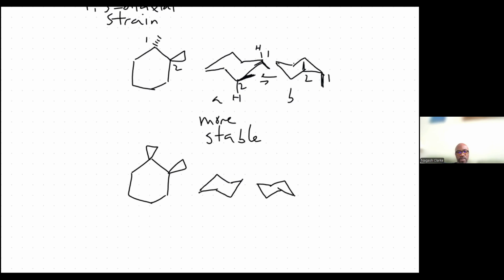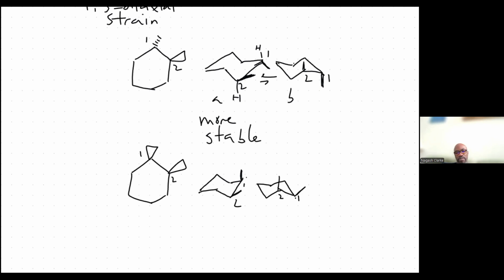So carbon one, carbon two, both going up, so it's going to be axial up or equatorial up. Carbon one, equatorial up, carbon two, axial up.